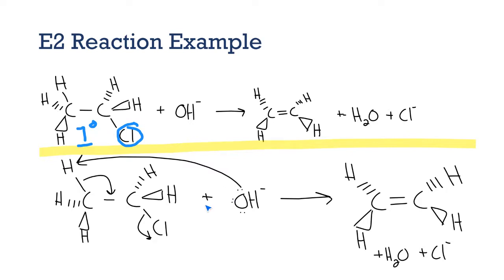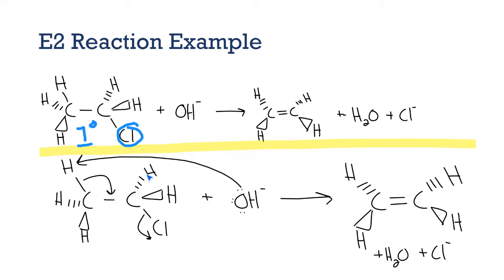Like I said, E2 reactions happen in one step instead of two, so there's no carbocations. Your hydroxide is going to attack your beta hydrogen here. At the same time, this C–H bond will break, these bonding electrons will go to the C–C bond domain to form your double bond, and your leaving group will come off. So that all happens in one step.